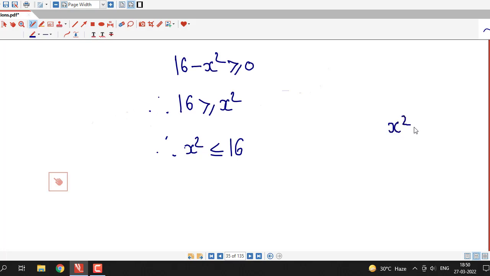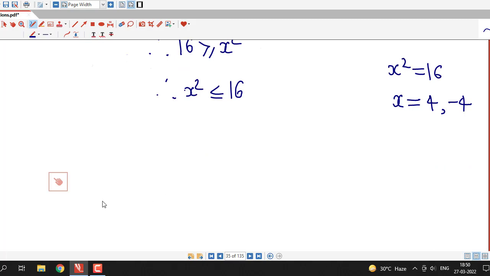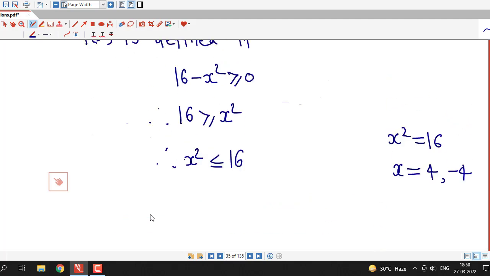So if we consider this equality x square equal to 16, then there are two possible values, x equal to 4 and x equal to minus 4. So we can decide values of x for which the function is non-negative in this way. Here I consider x equal to 4, here I consider x equal to minus 4.